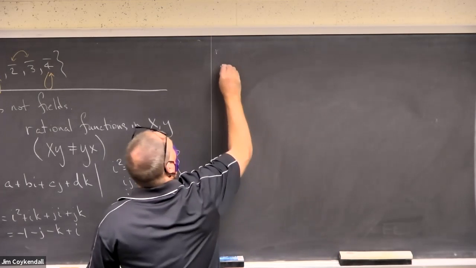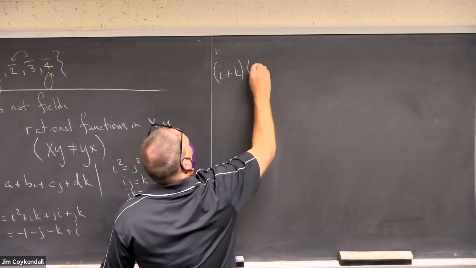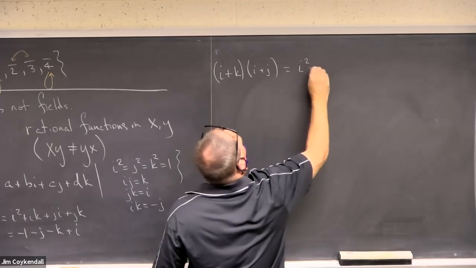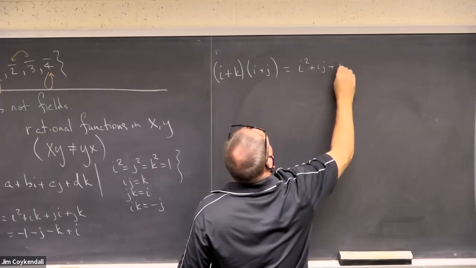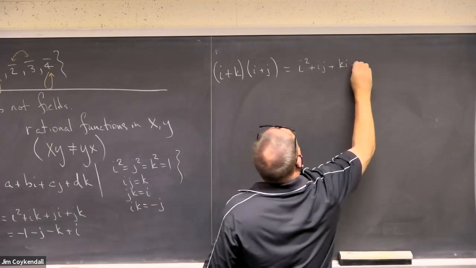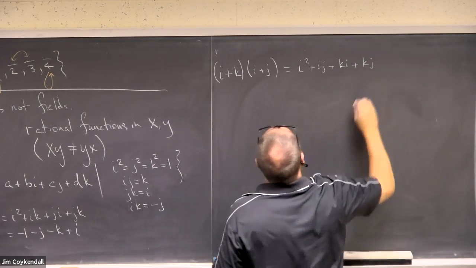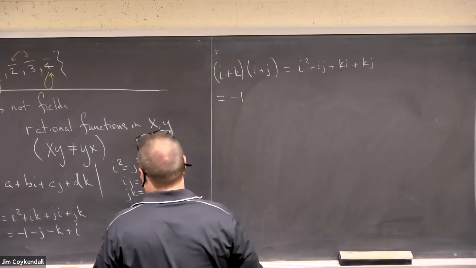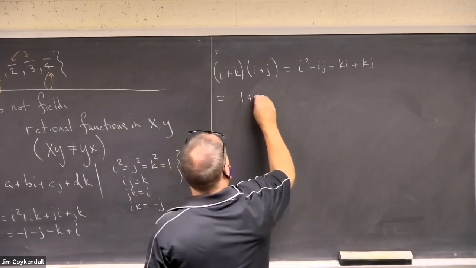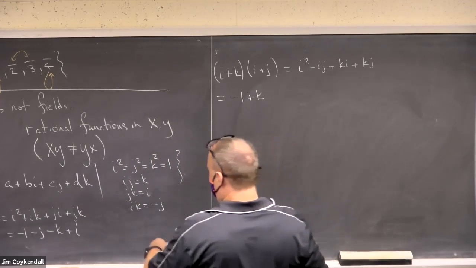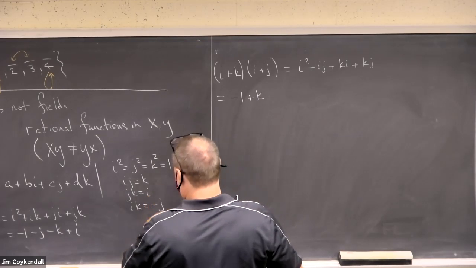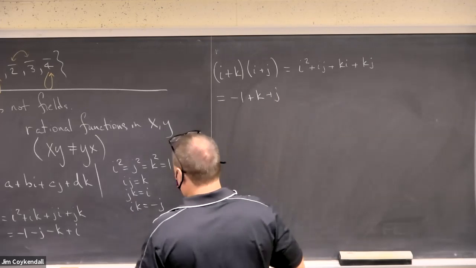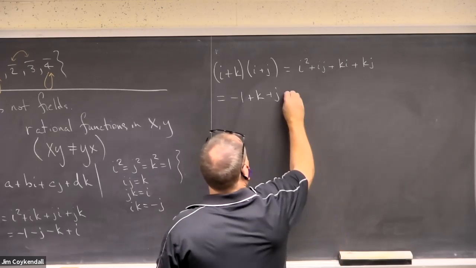If we do the other order, i squared plus ij plus ki plus kj, right, which is going to be minus 1. ij is k, and I already know it's different, but anyway, ki, so what's ki? ki should be j, and kj should be minus i.